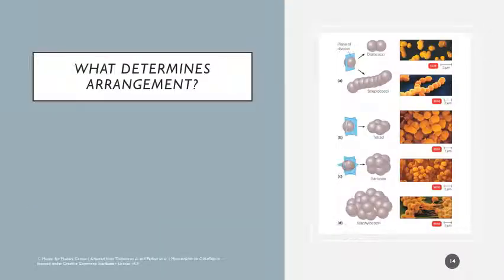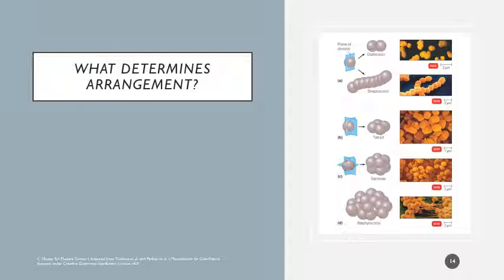So when we're thinking about why arrangement happens, why some cells remain stuck to each other in very specific shapes, here we see something similar to the previous slide. There's diplococci, streptococci, tetrads, sarcinae, which are these groups of 8, and then staphylococci.